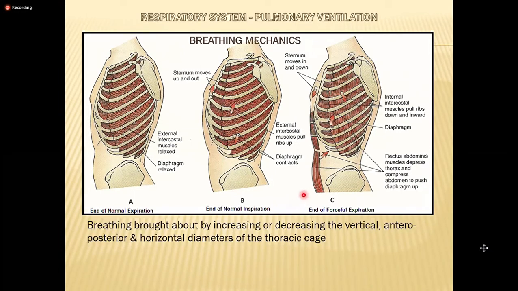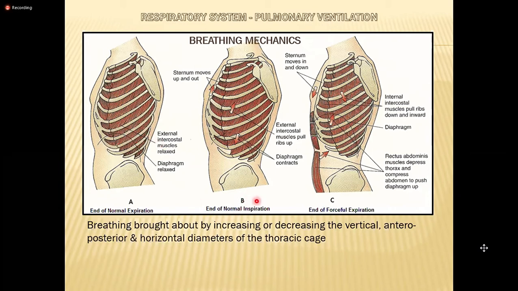Okay, so that your diaphragm will go up, with the help of your external intercostal muscles. At the end of normal expiration, this is normal. The diaphragm is relaxed and the external intercostals are relaxed.